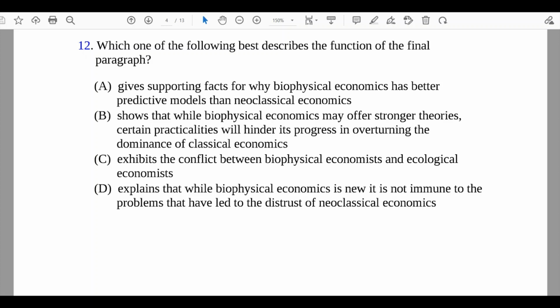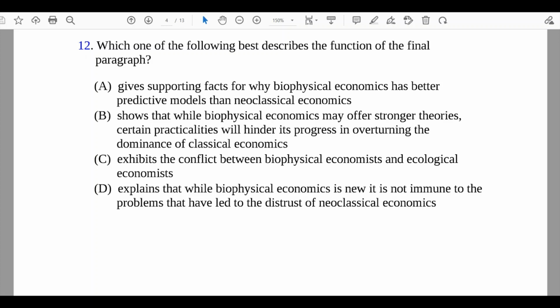The last paragraph does indeed explain that the new economics is not immune to the problems that have plagued classical economics and made it problematic for non-economists. This is probably your answer. But you must review your last option as well.